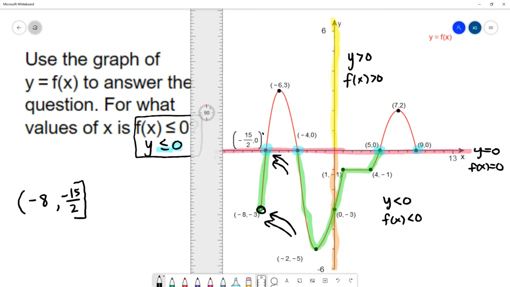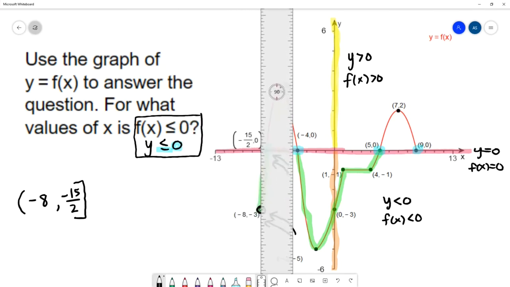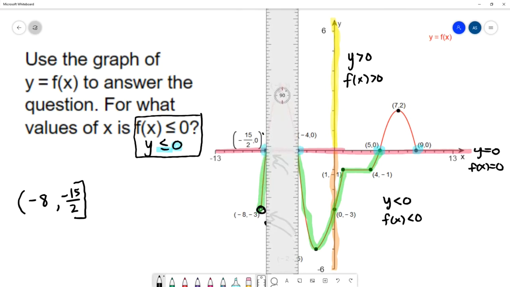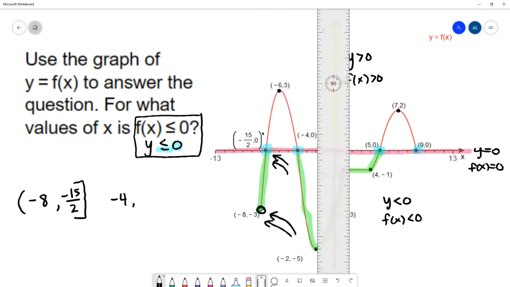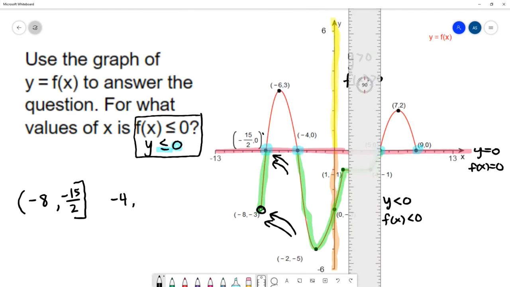Now we're going to do the same thing for our next interval. This next interval, the low is -4, and the high is 5.